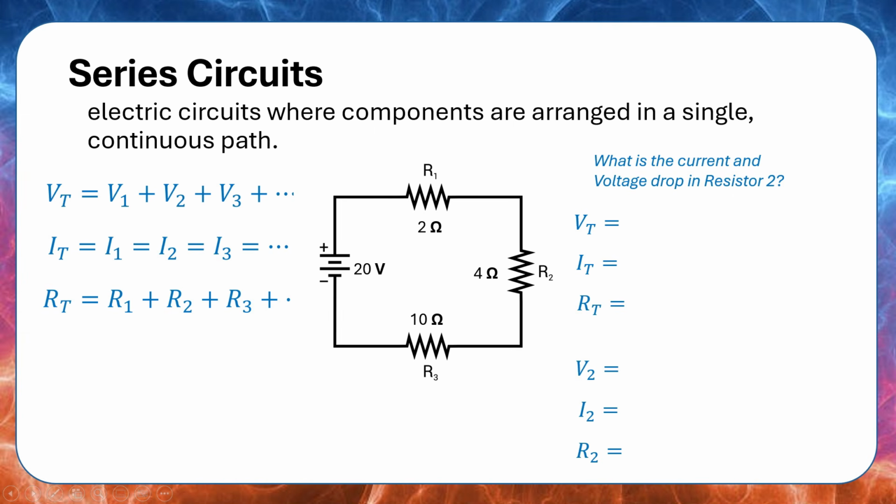So we have the 20 volts, the EMF, which is the total voltage. So put that there, 20 volts. And what else? Since we're only focusing on R2, the value of the resistance in R2 is 4 ohms. So those are the givens so far that we can put here.